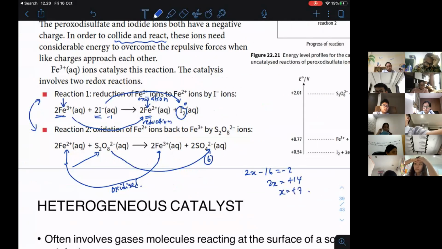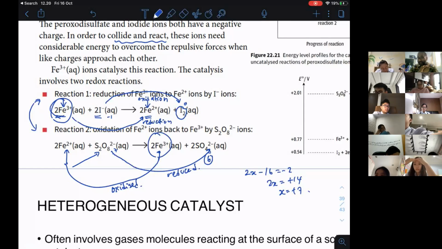So this is +7 to become +6, so this is reduced. So here, basically the Fe3+ is changing into Fe2+. Then that Fe2+ is going to react with the persulfate, and give you the sulfate and Fe3+. It means now you are getting back the Fe3+. So that is going to be your catalyst.